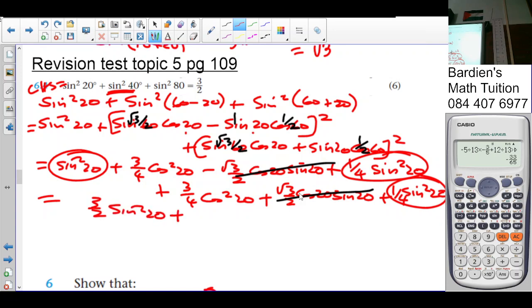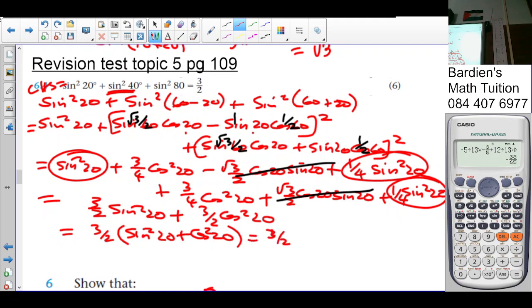Plus 3 over 4 cos squared 20 plus 3 over 4 cos squared 20, which is 3 over 2 cos squared 20. As you can see, 3 over 2 is a common factor. I'm left with sine squared 20 plus cos squared 20, and sine squared x plus cos squared x is 1. So it's simply 3 over 2 times 1, which is 3 over 2, equal to the right hand side. A very good sum.